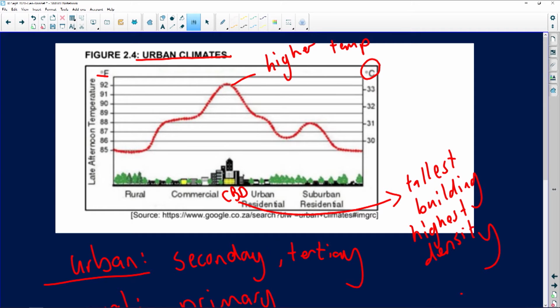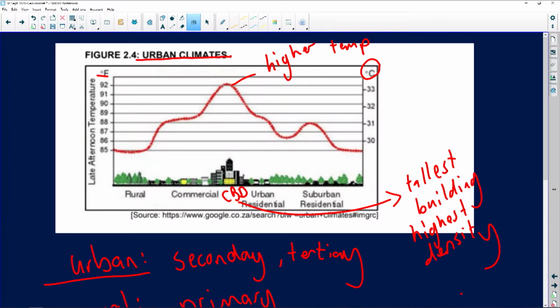Okay. Now, as you can see, this is almost like an urban profile that's been given to you. You can see the commercial properties. When we talk about commercial properties, we look at shopping centers, we look at light industries, for example, and there's a transition zone in between them as well. If we look at our graph, you can see that our rural areas are situated on the outskirts of our urban areas. As you can see, the suburban residential areas, when we talk about suburban residential areas, we talk about the low, middle, and high-income residential areas.